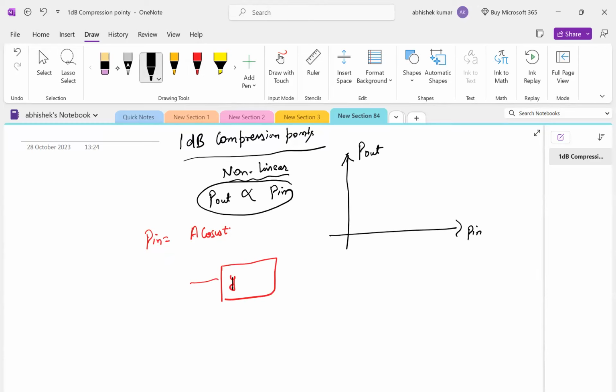Suppose this is your non-linear system. Understand it, and you are getting y(t) when you are sending x(t). And this is your non-linear system.